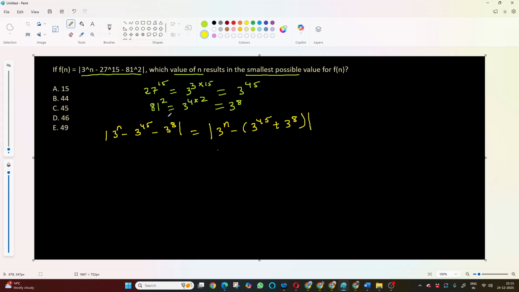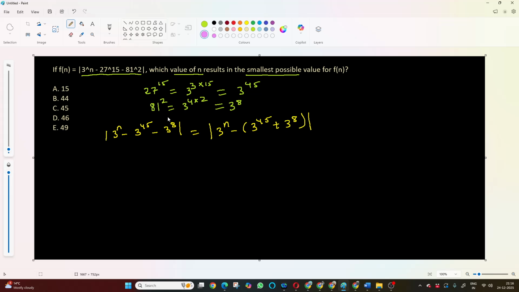Now, if we have to make this entire expression smallest, minimum possible, then ideally, if we had no restriction, the minimum possible value would be 0, if this second expression were equal to 3 to the power n.